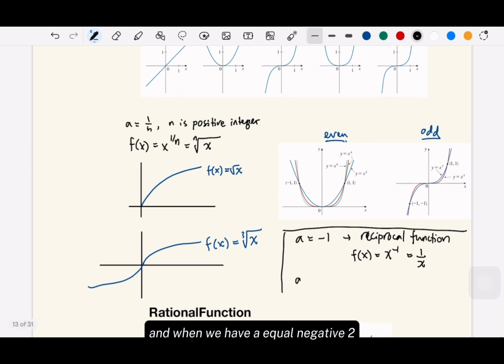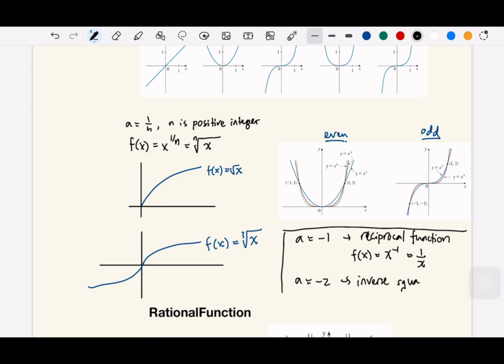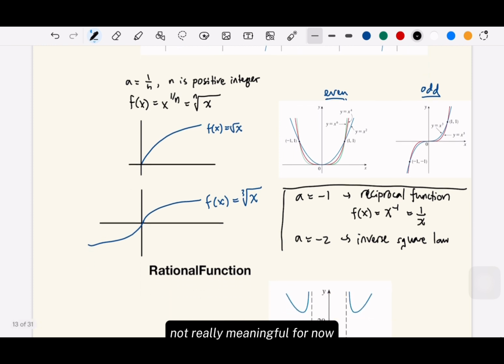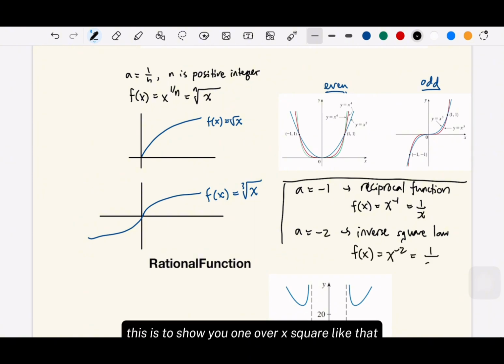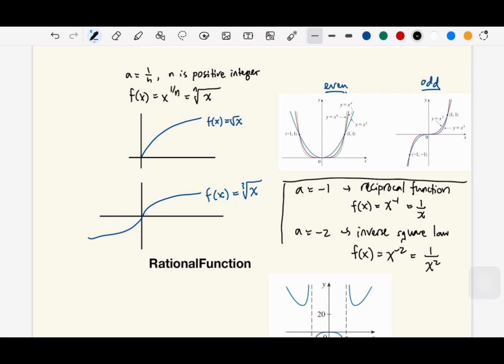And when we have a equal -2, this is what we call the inverse square law. I think the name is not really meaningful for now. This is to show you 1 over x squared like that. Okay, since this is a reciprocal, we could describe the rational function.